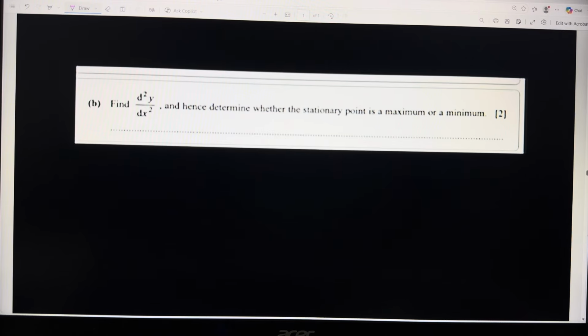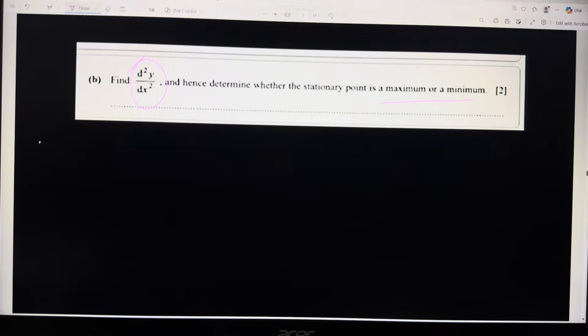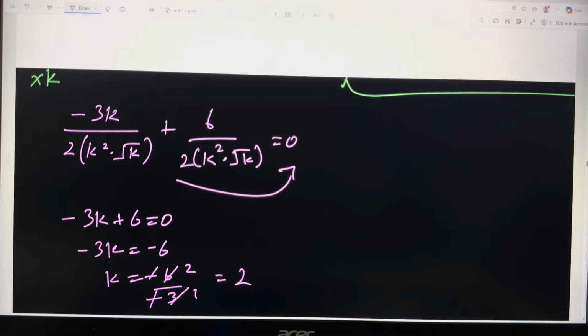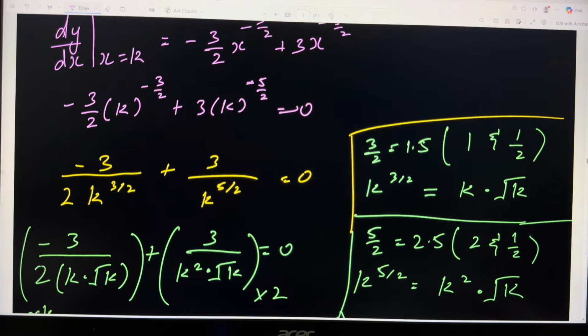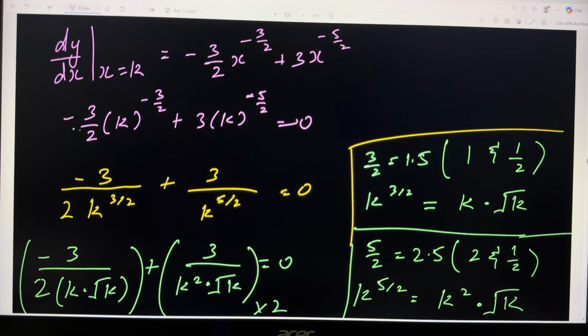Right, the second part says to find the second order derivative and hence determine whether the stationary point is a maximum or minimum. So now we know that k is equal to 2, and we'll have to use that. So dy/dx is what? We had that dy/dx is equal to all of this. We want to find d2y/dx2.